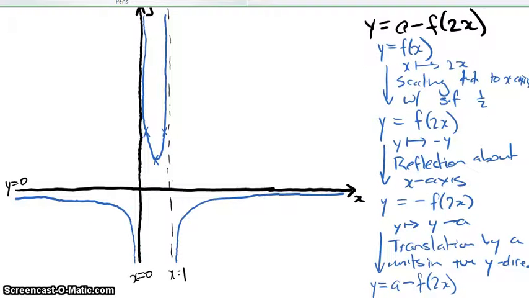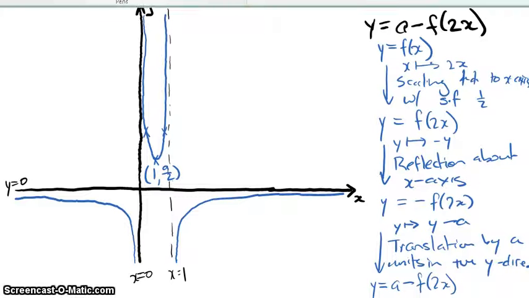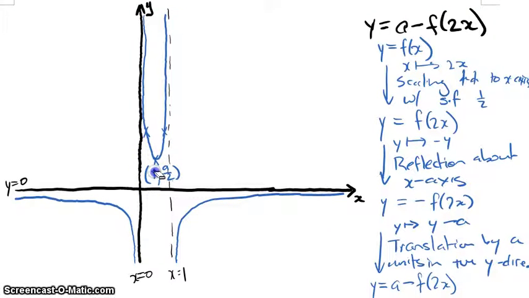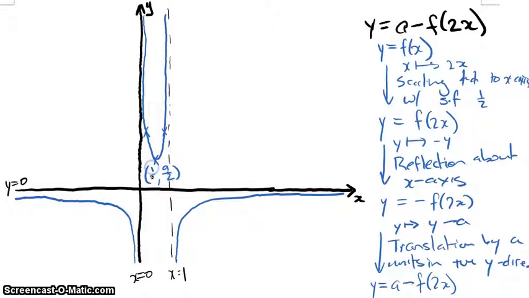And we remember the values for the points. This is the value 1/2, a over 2. This is the value 3/4 a, and this is the value 1/4 a. And that's what the graph of y equals a minus f of 2x would look like.